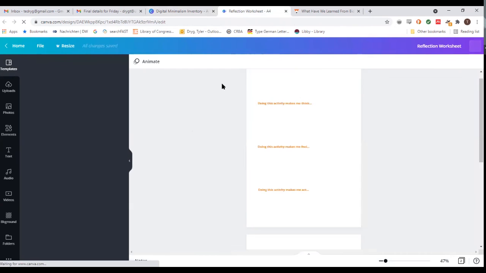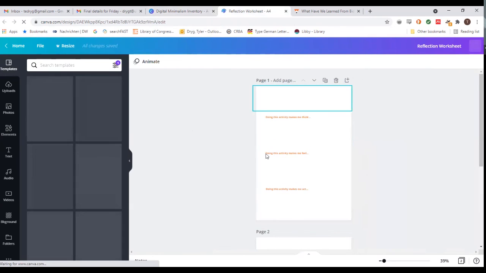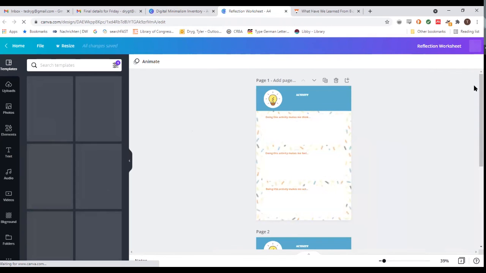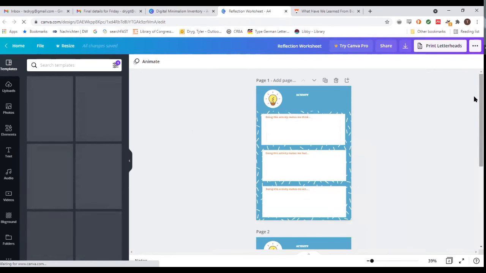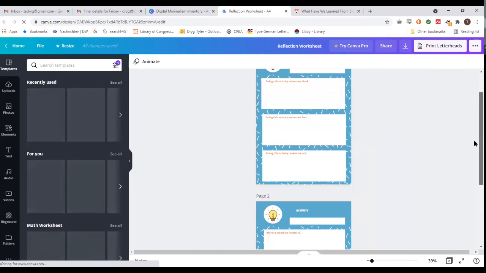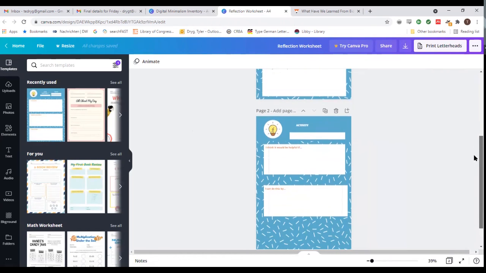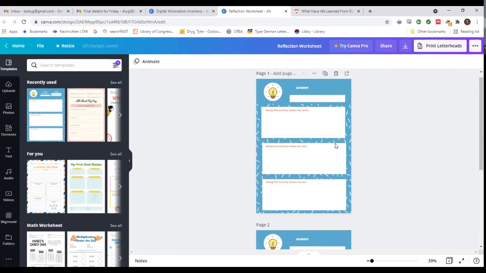And then I also have, based on David Levy's work, this reflection worksheet that might be helpful for you too. This is basically a journal page that talks about whatever tech activity you might be doing, like checking your email, checking your Facebook, other tech activities.